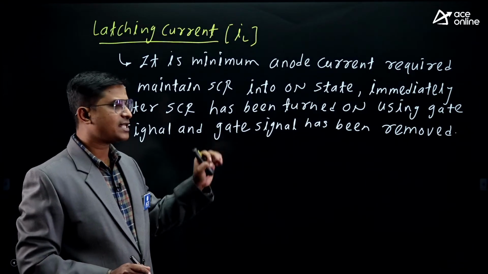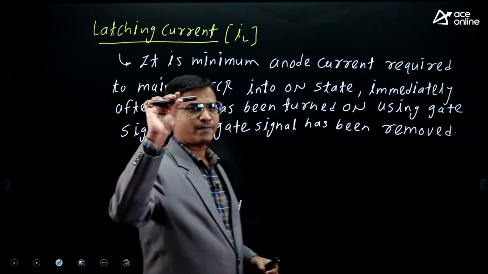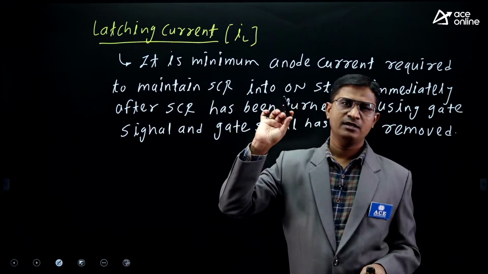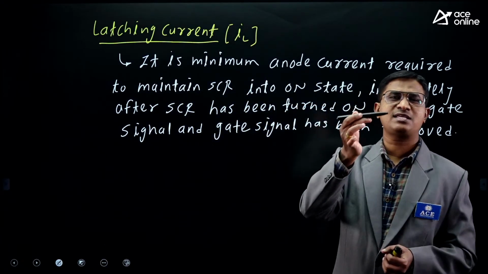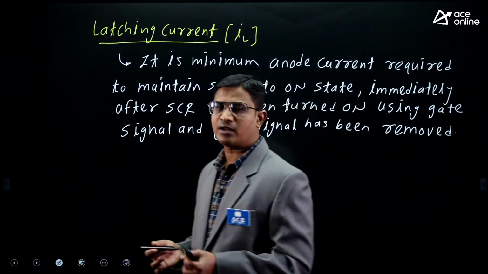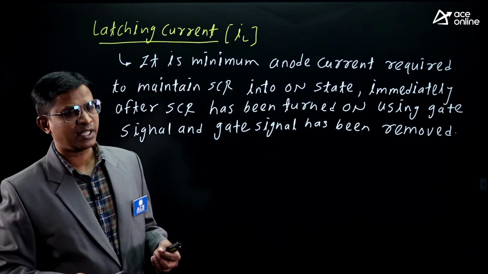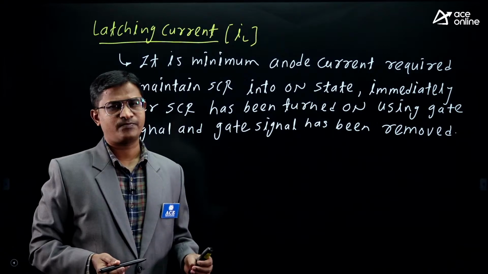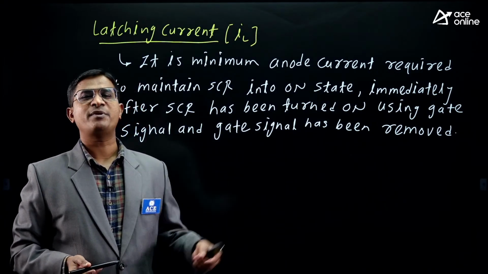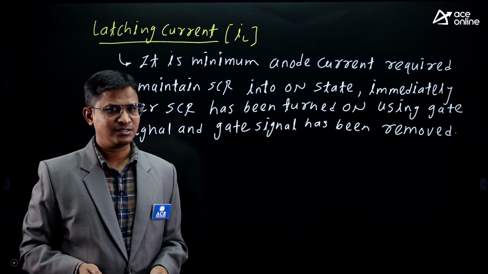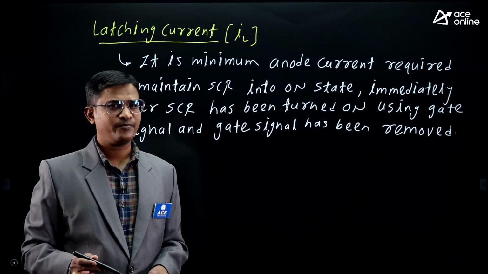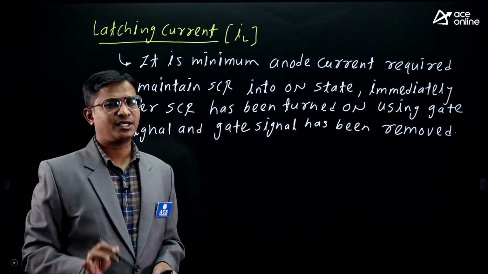Now, let us understand the latching current. Suppose this is my SCR. I am turning on this SCR by using the gate signal or gate triggering. We know in an SCR we have various turn-on methods, and the most popular is gate triggering. Initially it is in the off state.